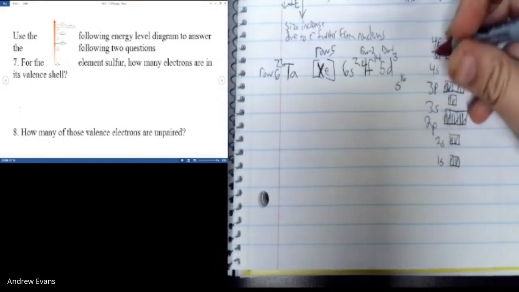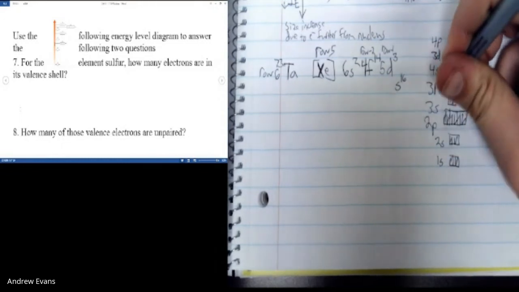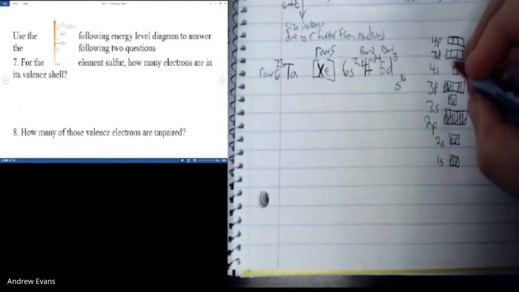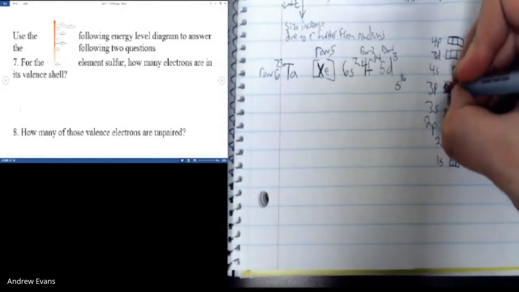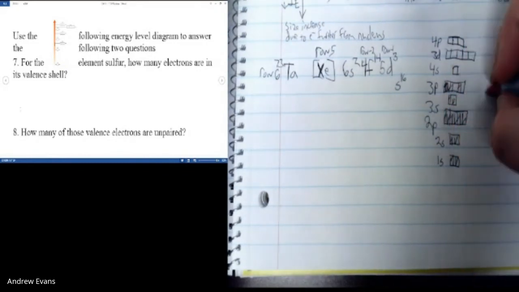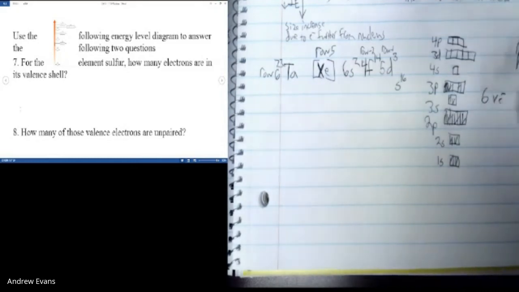So remember, the valence shell is only the outermost layer. Typically, we count it as the S and the P. So 1, 2, 3, 4, 5, 6. How many electrons? 6 valence electrons.